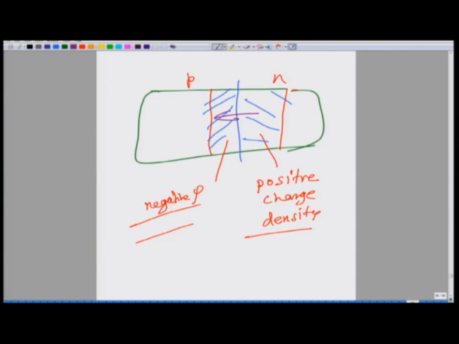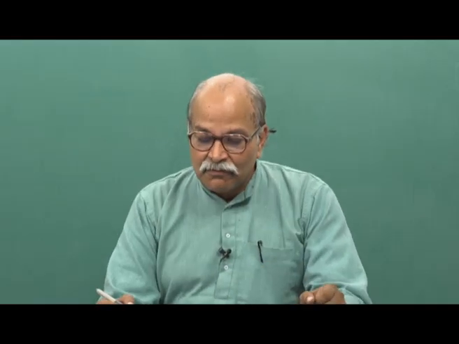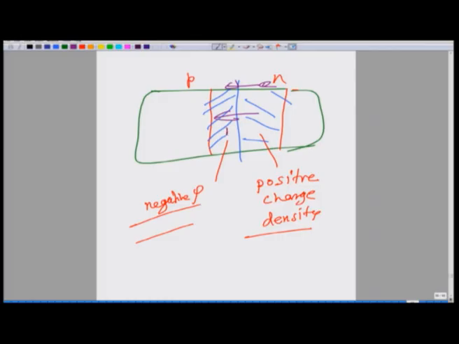And what will this electric field do? If you have this electric field and electrons are trying to diffuse from right to left, what will happen? This electric field will oppose that. The force on this electron because of the electric field will be from left to right. And similarly, if a hole wants to diffuse from left to right, this electric field will oppose that.